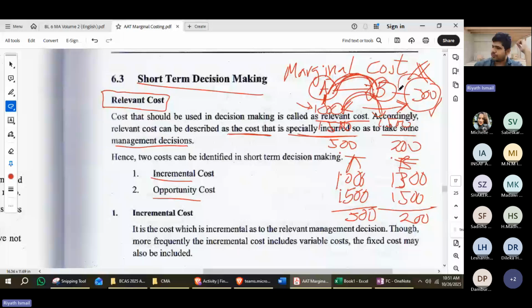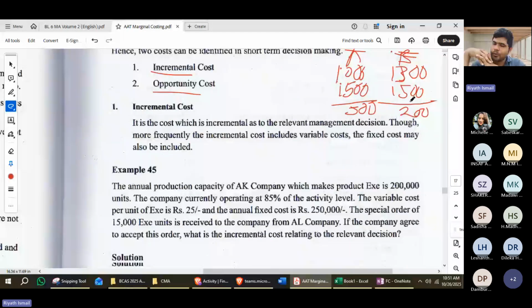When you take the decision, if the decision is yes, you will incur 300. If not, you can avoid 300. So that is incremental cost, and that is relevant cost. You see what incremental cost means. Opportunity cost means the foregone benefit.